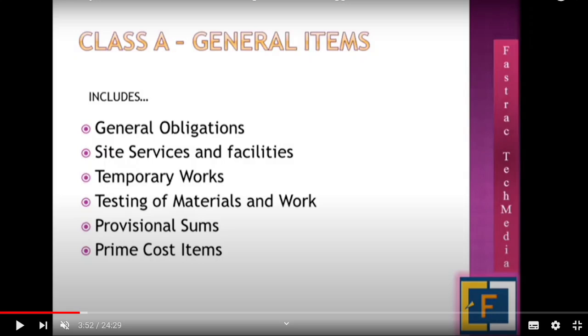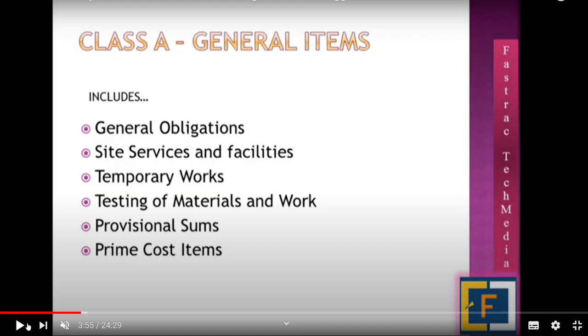In a lot of work I found such differences from standard methods of measurement, but it is mentioned in the preamble. So this preamble, general conditions of contract, everything we will discuss in our workshops. Whoever is watching this video should understand that we are doing elaborate workshops on CESMM, FIDIC, and Primavera, specialized mostly for civil, electrical, and mechanical engineers.